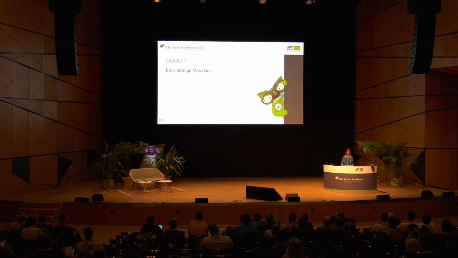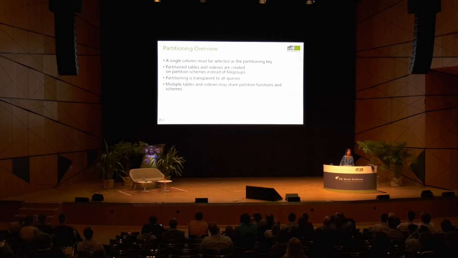We need to start talking about partitioning. So partitioning is a way of taking a table. Usually it works best if it's a big table, and you divide it into chunks. Usually we divide it into chunks based on the value in a particular column that we call the partitioning key. One of the columns acts as the separator.